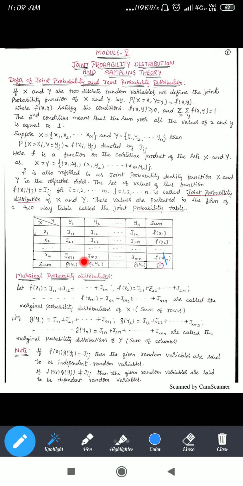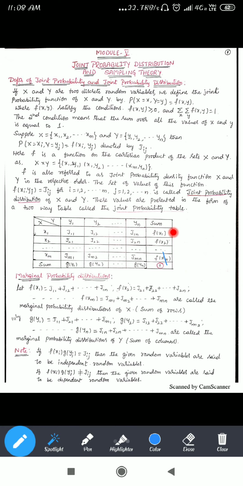Next thing is marginal probability distribution. See, marginal probability distribution is easy. So x value is there, x1 y1, and those functions, it means f of x1 is nothing but probability of x1. That is called marginal distribution.